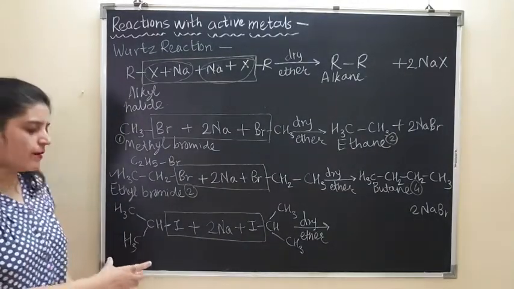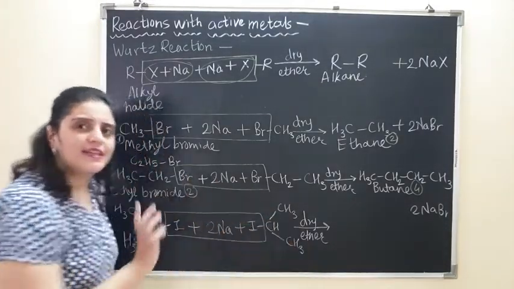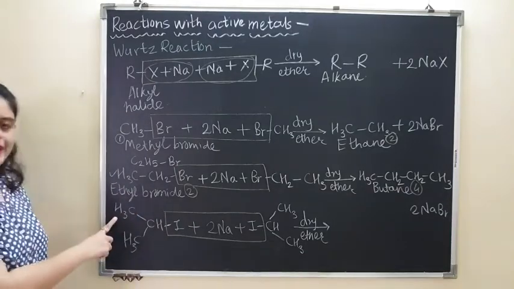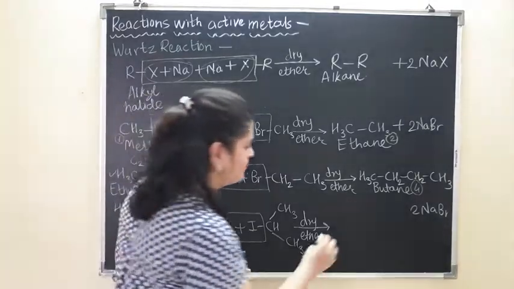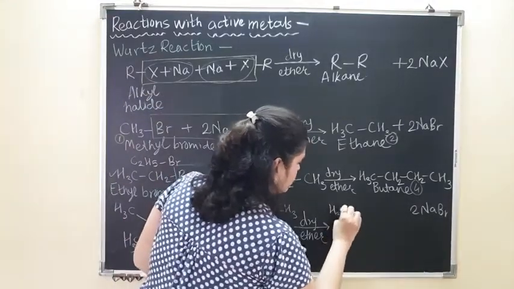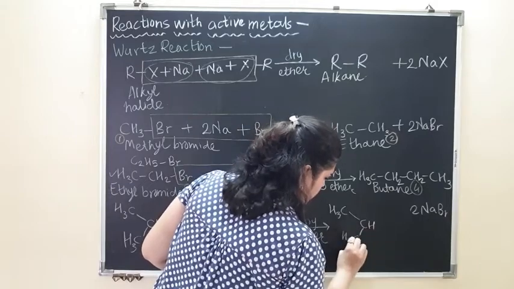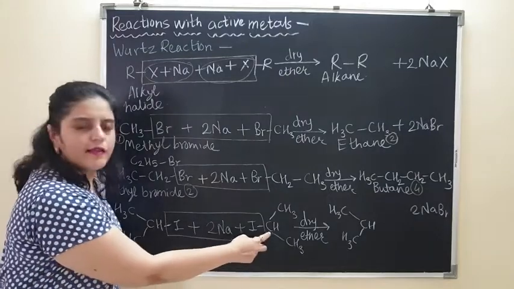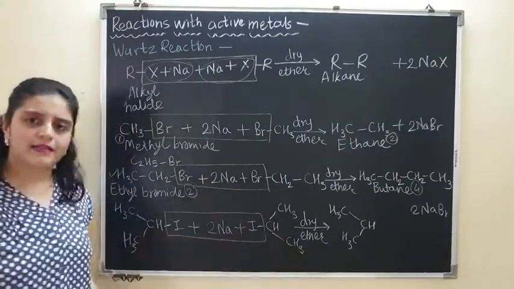Then what will be our main product? This alkyl group will join with this alkyl group. So we will write what is there on this side as it is, CH3. Then the remaining part is again CH3.